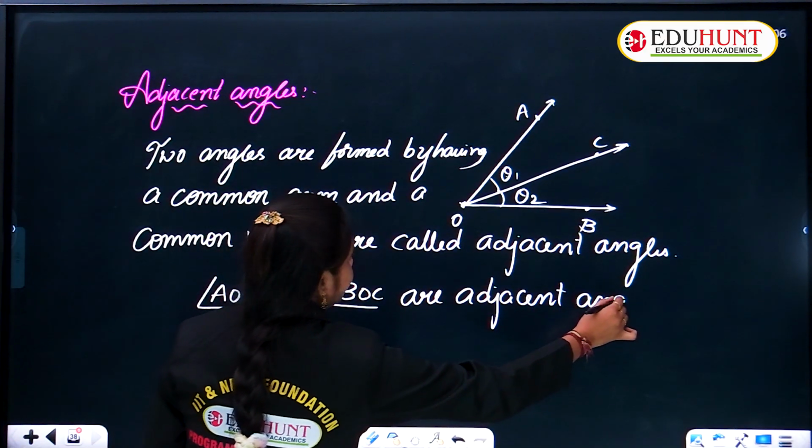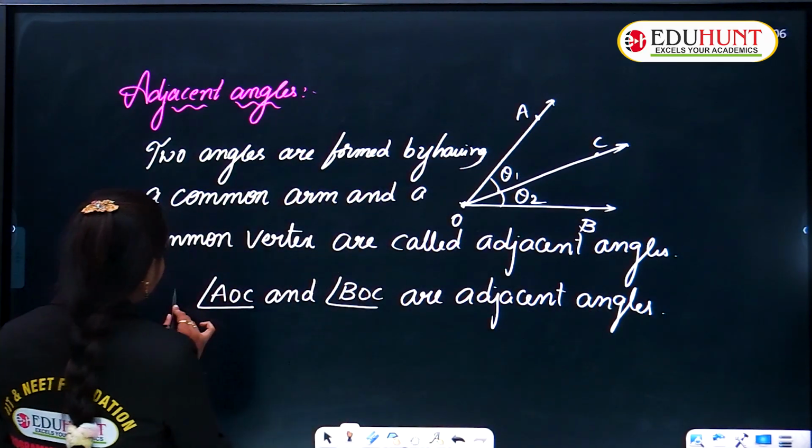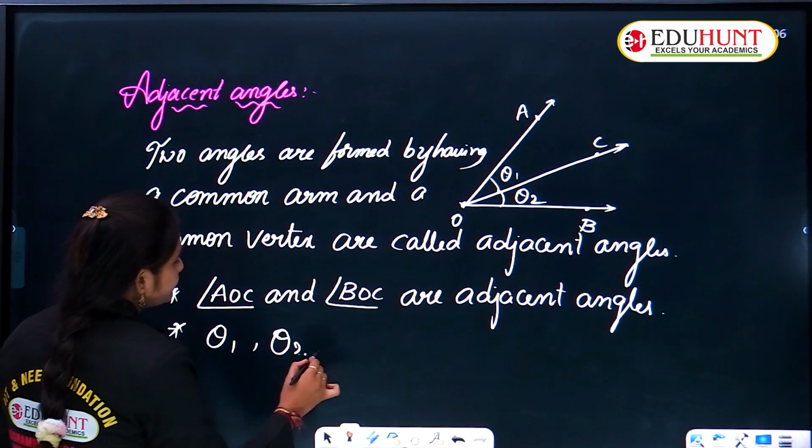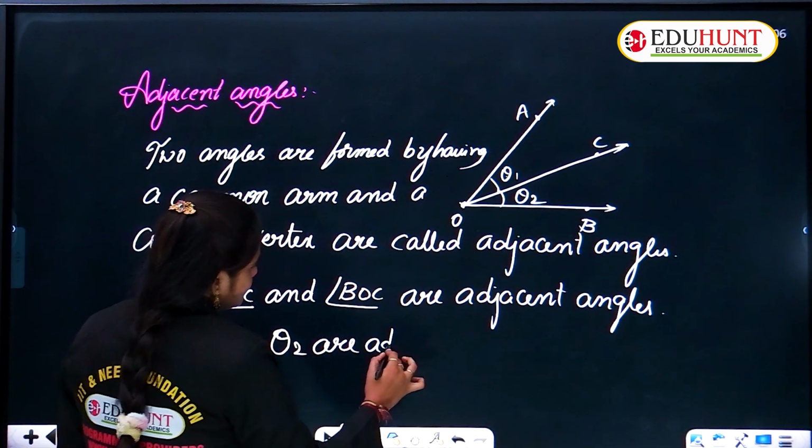In another way, we can say theta 1 and theta 2 are adjacent angles.